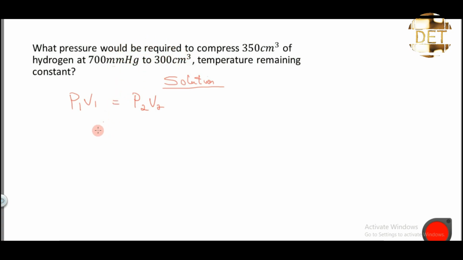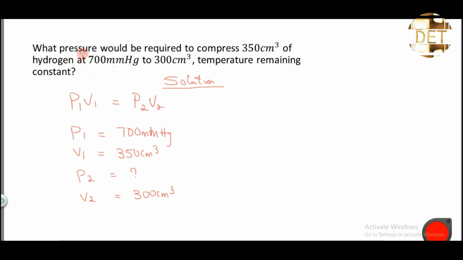If you look at this question properly, P1 is equal to 700 millimeters of mercury. Our V1 is equal to 350 centimeter cube. Our P2 is what we're looking for. It is unknown. Then our V2 is equal to 300 centimeter cube.